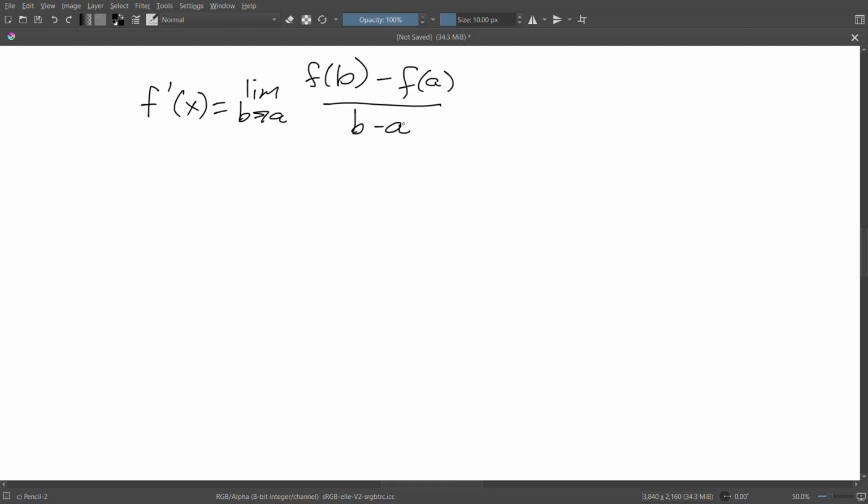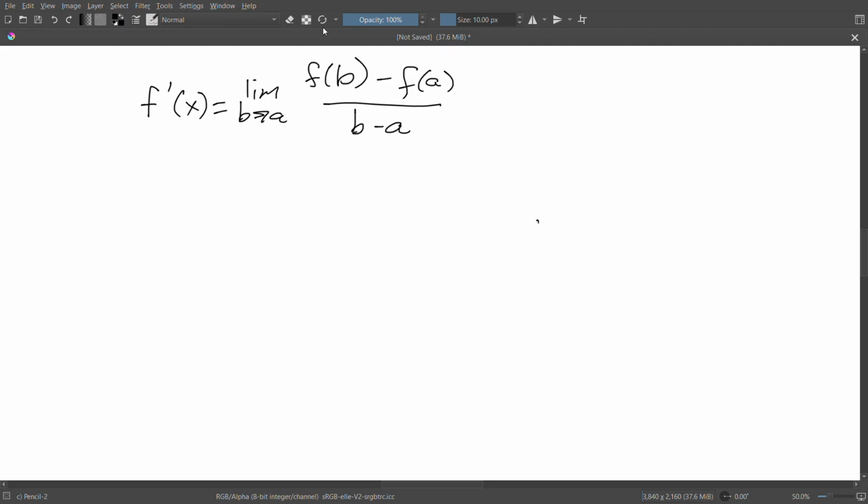Okay, so again, what we were interested in from the last screen was just the slope of it. We just want the slope of it, and this limit right here as b approaches a is going to help us resolve the 0 divided by 0 issue. And actually, in a lot of cases, we'll see that this limit actually exists, even though you can't just plug in b equals a.